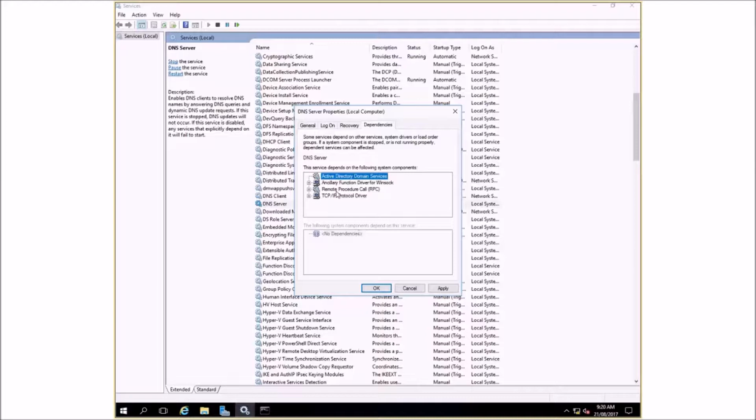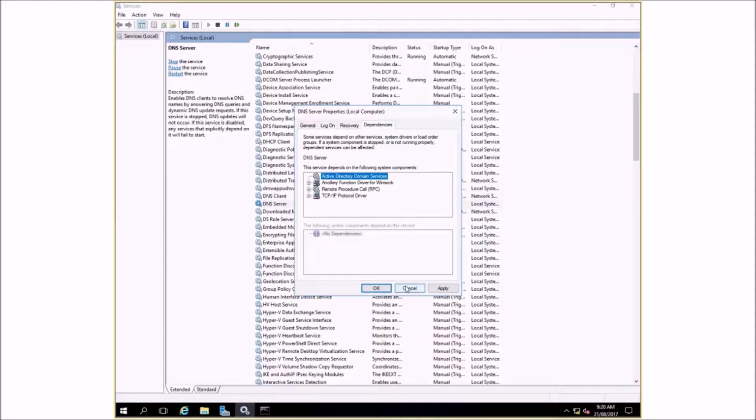If one of these things is not running at this point, this service cannot operate or even be started. And you can see there's a second box here. This is other services that depend on it. In this case, for the DNS server, nothing else uses it as a dependency.